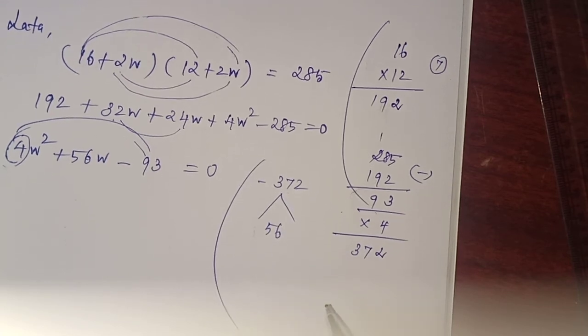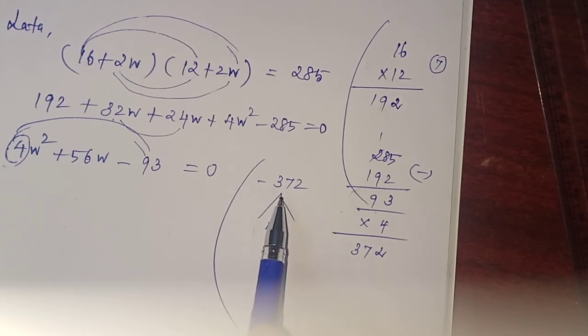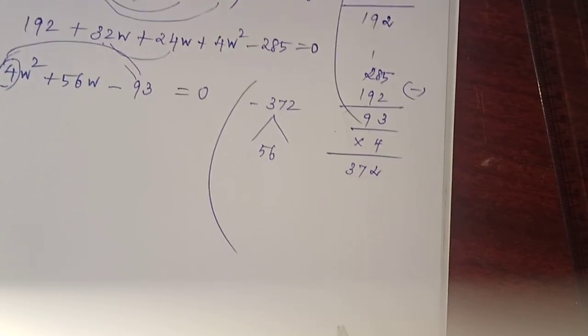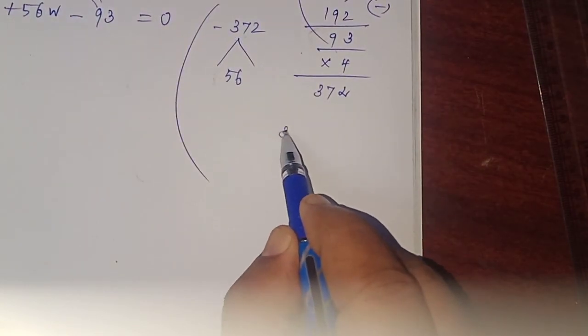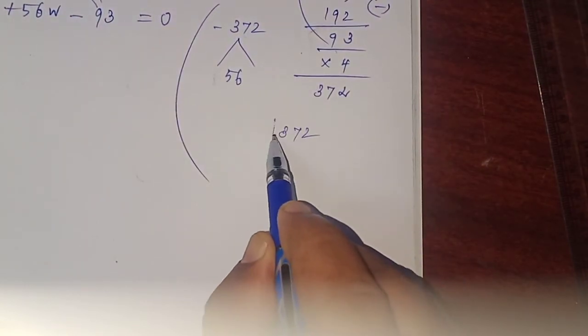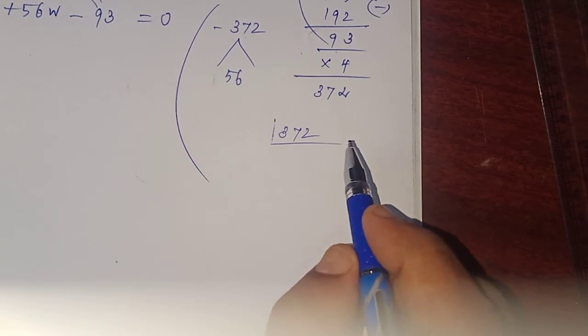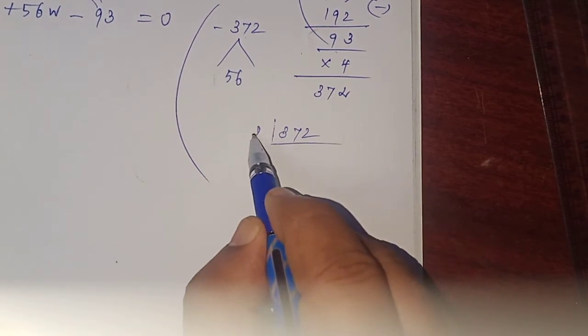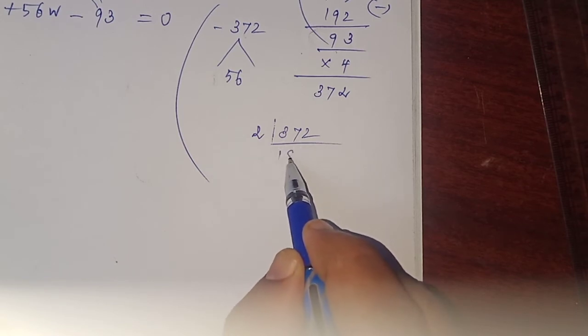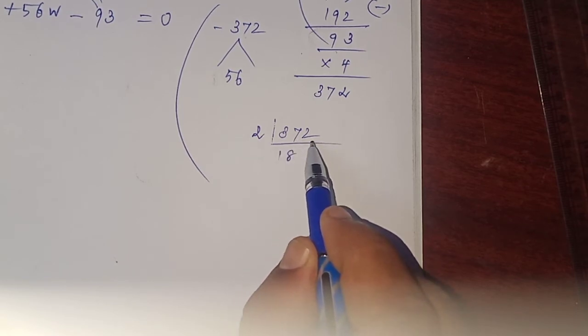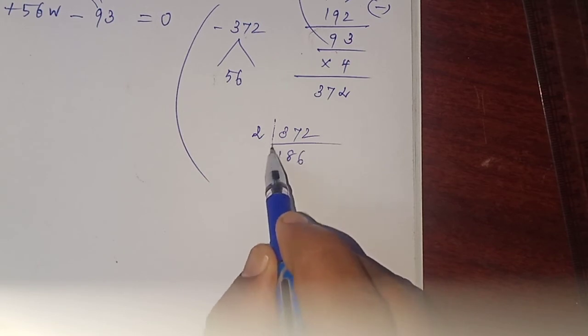How to get? Since it's a bigger number, we can go for factorization. That will be easy. Listen. 372. I divide only by the prime number. If we divide by the prime number 2, one time, balance 1, 17, 2 8s are 16, balance 1, 12, 2 6s are 12.